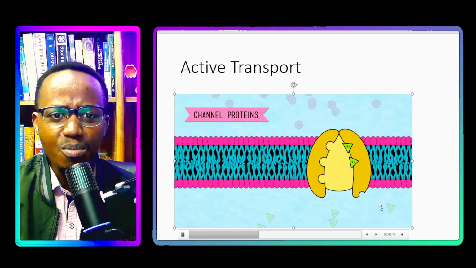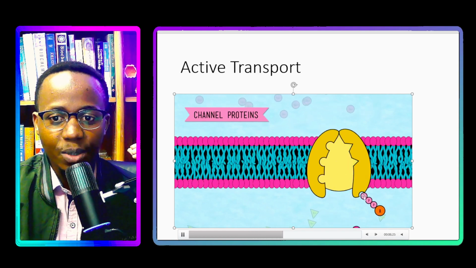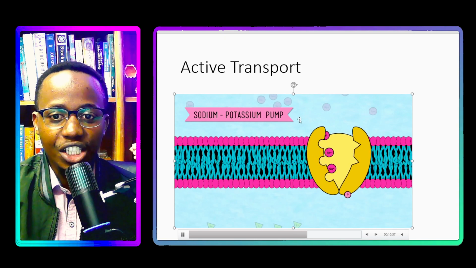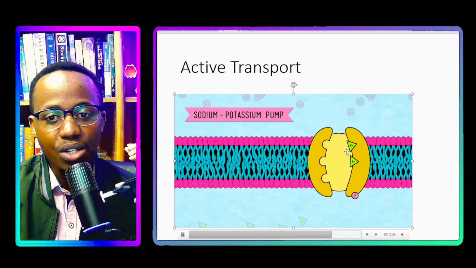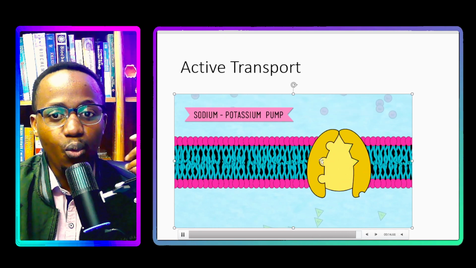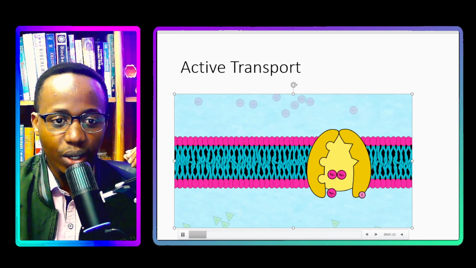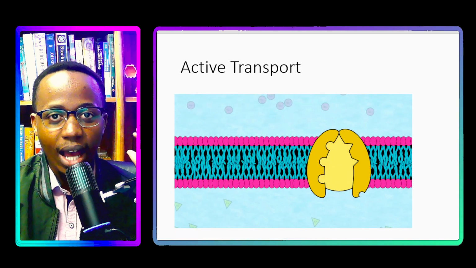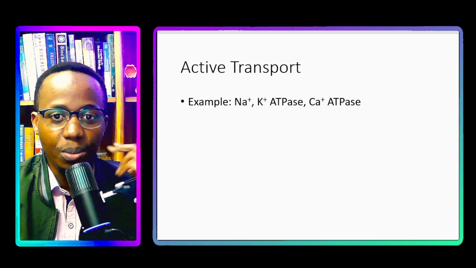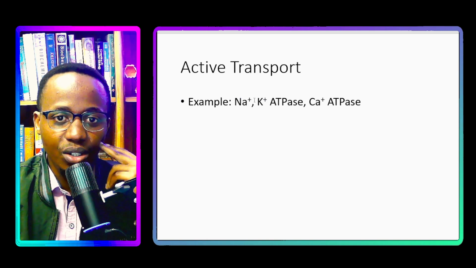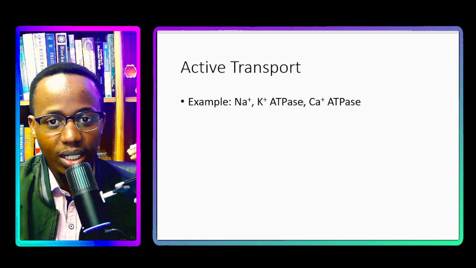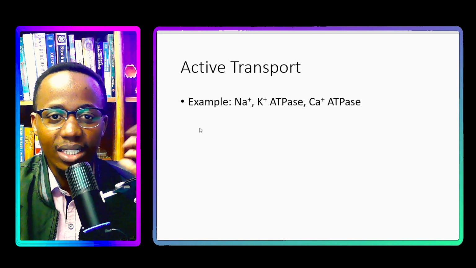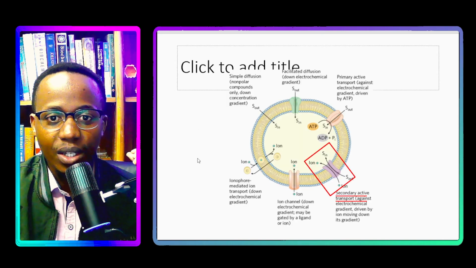ATP comes in and changes the conformation of the protein, and through that, we're going to have things go in and out, all right? Active transport. So an example is sodium potassium ATPase is a big one. Calcium ATPase is another big one as well, all right?